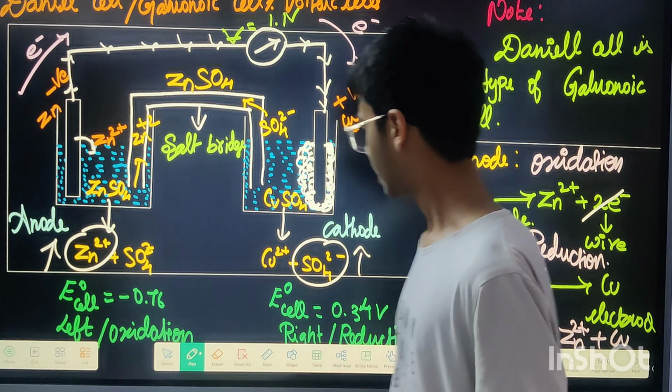For oxidation it is minus 0.76, and for reduction it is 0.34. See here, zinc 2 plus is there, so this is oxidation, minus 0.76. Reduction is plus 0.34. This is something that you have to remember.